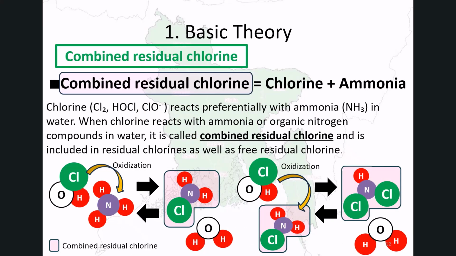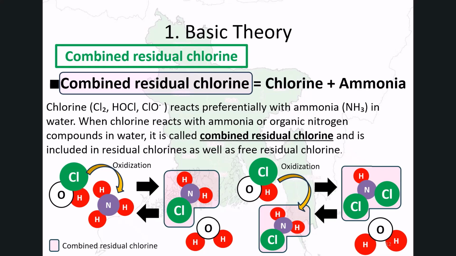When chlorine is added to water that contains ammonia, chlorine does not immediately act as a disinfectant. Instead, it reacts first with ammonia to form what is called combined residual chlorine. Although it is still counted as residual chlorine, its disinfecting power is much weaker than free residual chlorine.